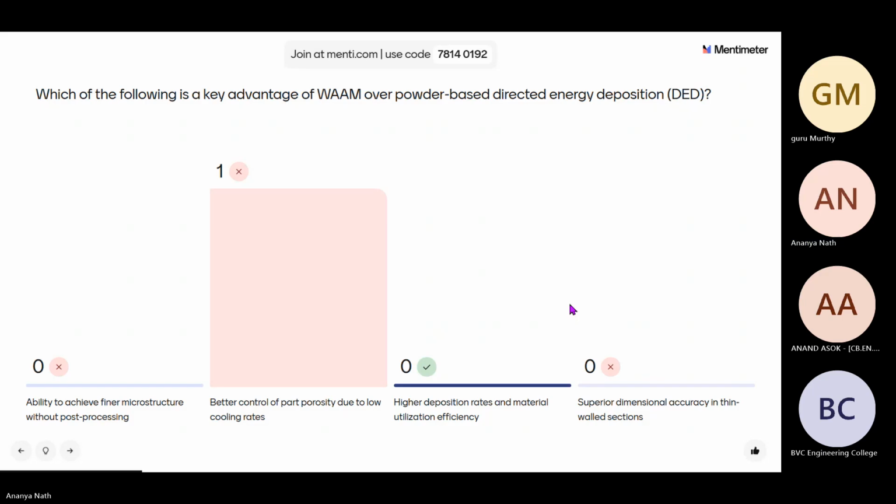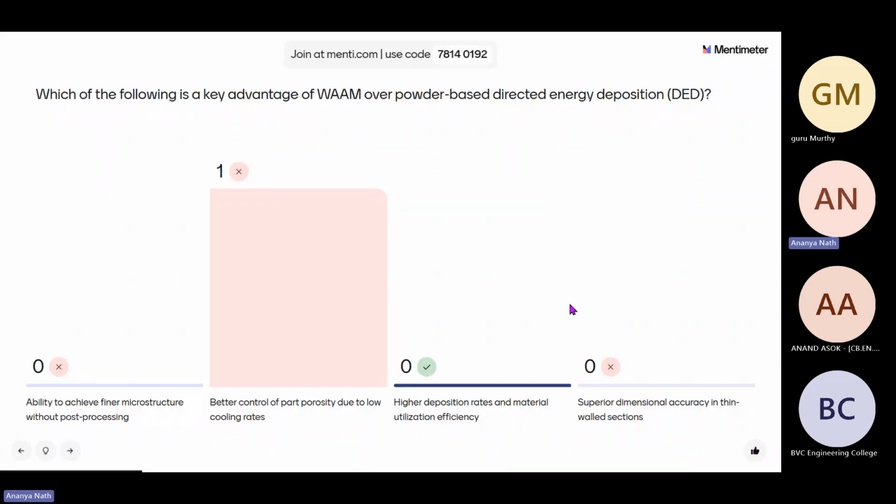The advantage of WAAM over powder based is higher deposition rate and material utilization efficiency. Because we are going to discuss powder now, and there you will see a lot of wastage in powder based AM which is not present in wire. The deposition rate is higher because wire is a much thicker thing than loose powders, and the wastage is less.